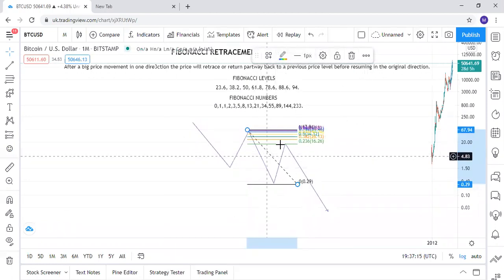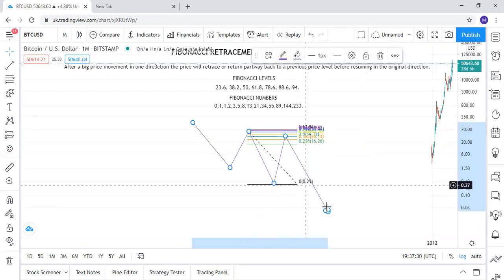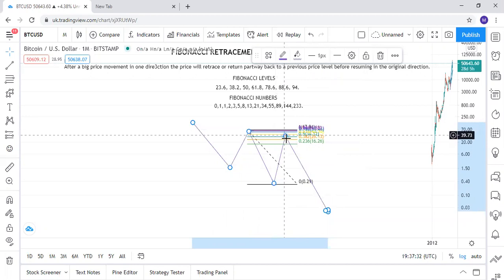So this is how it is. Look at it, it retraced. Because I'm the one drawing it here, it's kind of sketchy. But it retraced to 38.2, sometimes the 50 or 61.8. Then it continues going down in the original direction, which is the downtrend. So that is it for Fibonacci retracement.